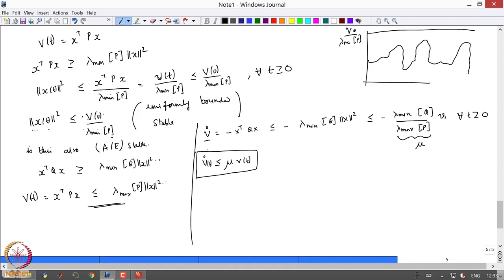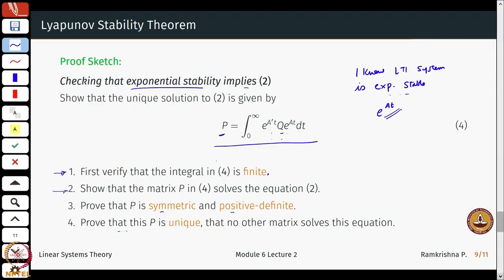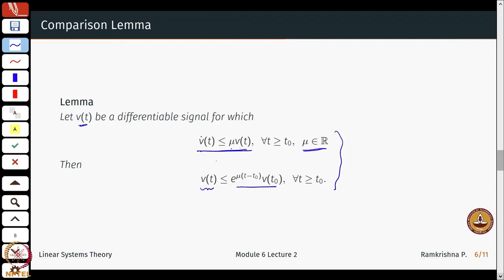Now, there was this thing called the comparison lemma which I stated: whenever V, which is a differentiable function, and I know that V there was a differentiable function, satisfies V dot less than or equal to mu V, where mu was the ratio of those minimum and maximum eigenvalues of Q and P respectively with a negative sign, then V satisfies something like this.